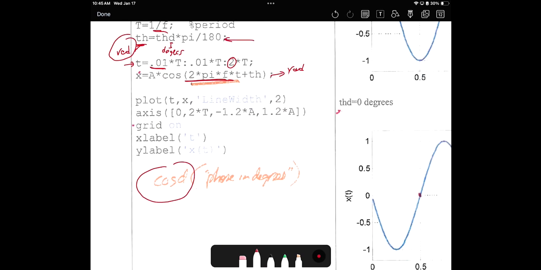If we are using cosd, like x equals a times cosd of 2 times pi times f times t, then plus theta, you will use degrees. So there's a command called cosd, only for when I'm using degrees. The default in MATLAB is radians. However, if you need degrees, just add d to the cosine, then it will be degrees.